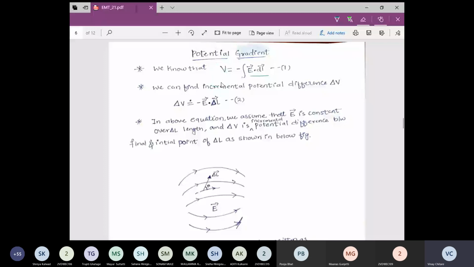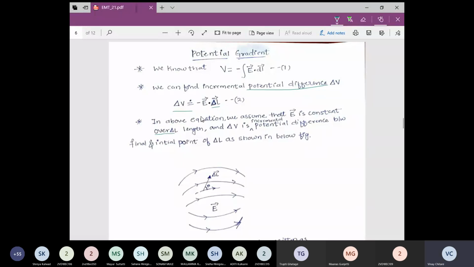We know that V is equal to minus the line integral of E dot dl. We also know that the incremental potential difference is given by delta V approximately equal to minus E dot delta L. In the above equation, we assume that E is constant over length L because delta L is very small.